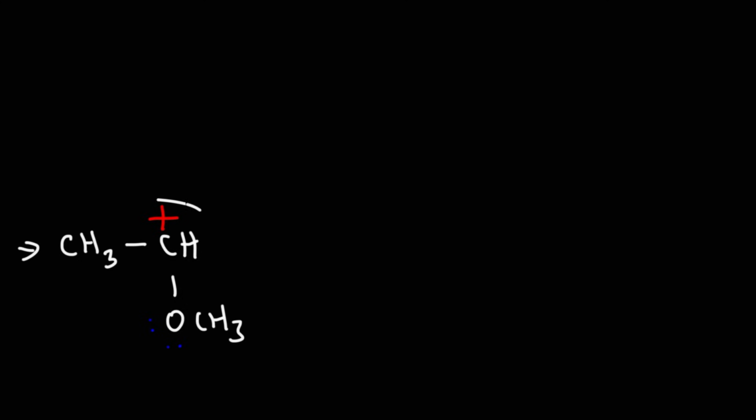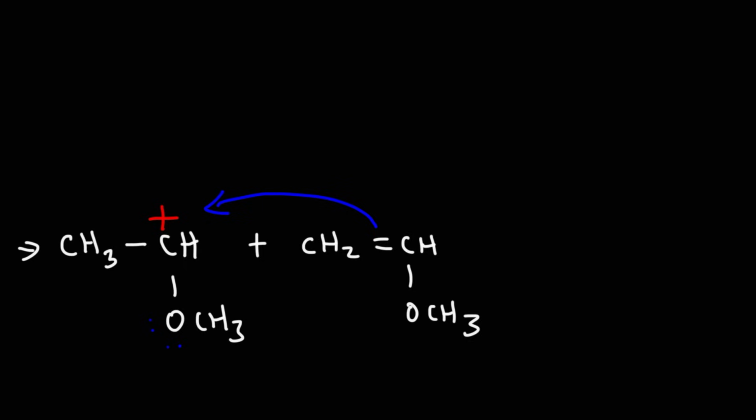Now, once we have this carbocation, we can react it with another monomer. The 2 electrons in this pi bond are going to react with the carbocation, and we're going to form a bond between the CH carbon and the CH2 carbon.